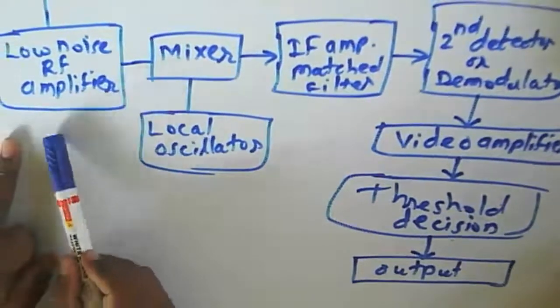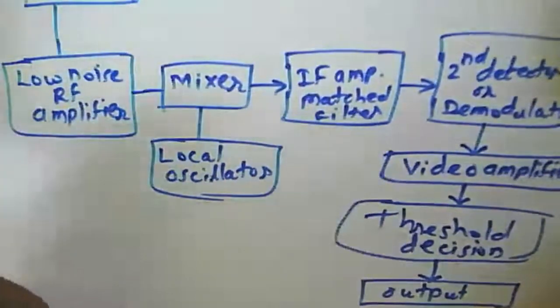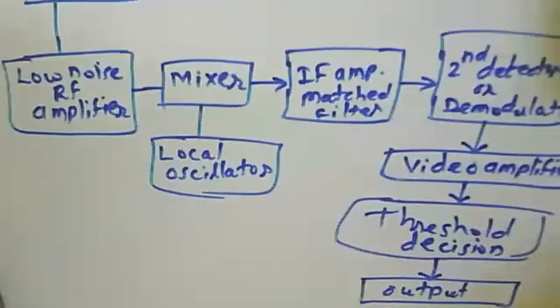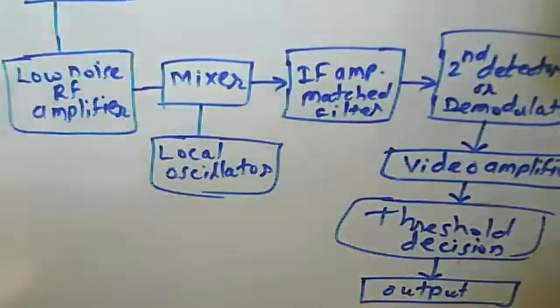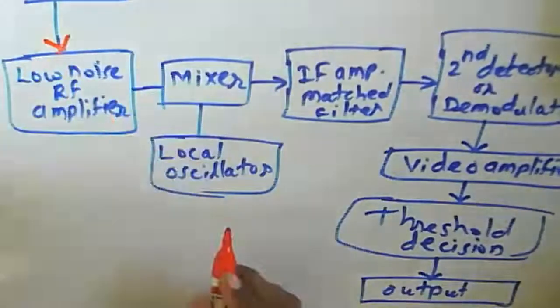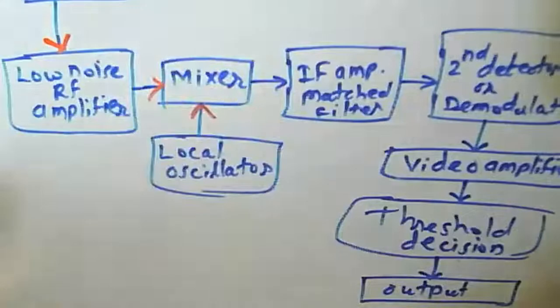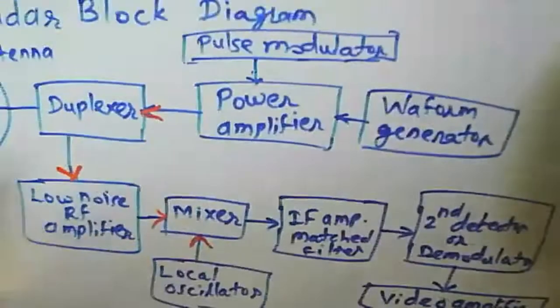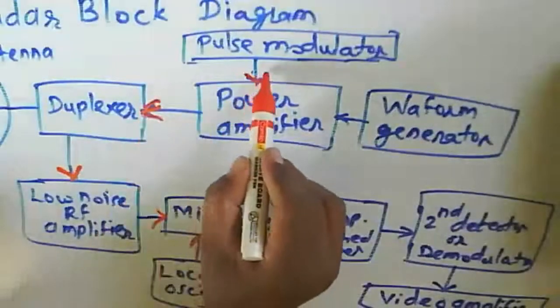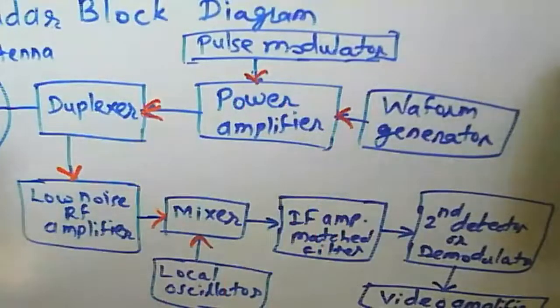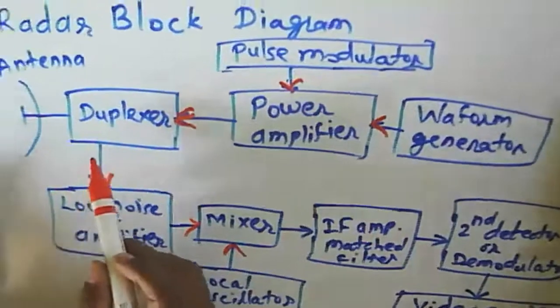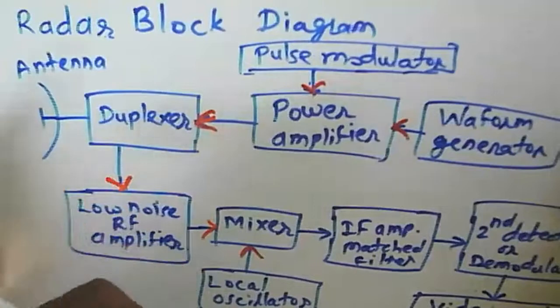In the receiver block we have a duplexer, and after the duplexer we get the signal from the duplexer to the low noise amplifier. Then we have a mixer. Likewise, this is the transmitter, and this goes to the antenna.